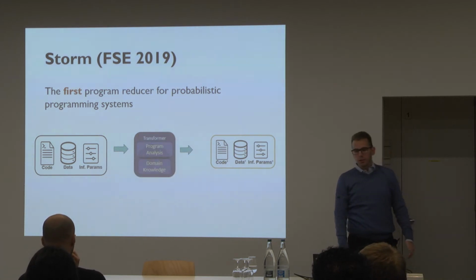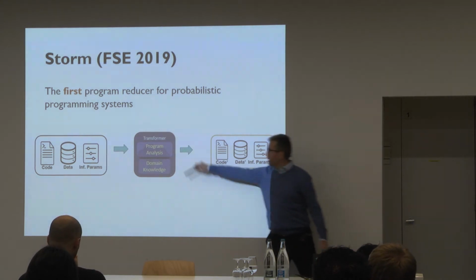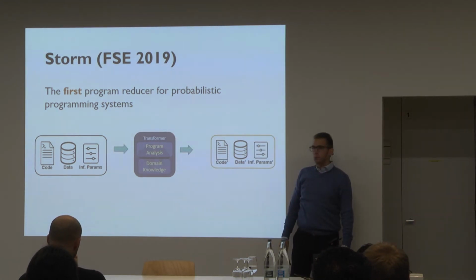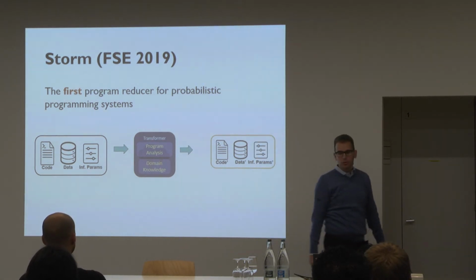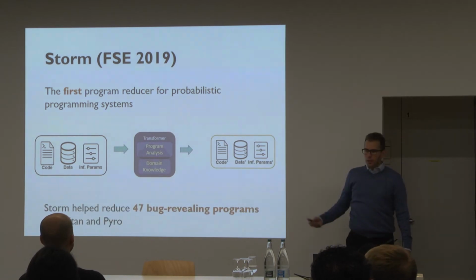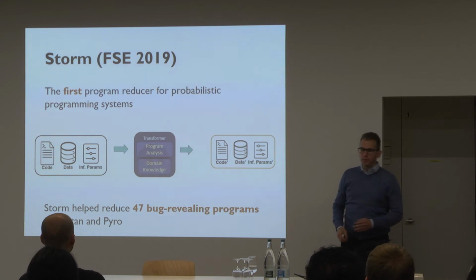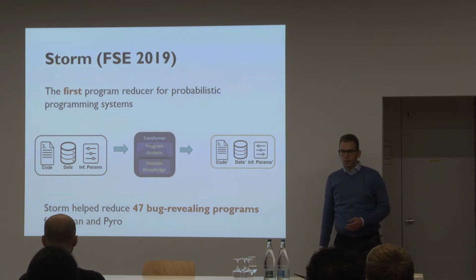So what are the key properties of Storm? Well, it applies a little bit of program analysis to guide the minimization, and uses domain knowledge in how to continue that process. All right. So in total, Storm helped reduce 47 bug-revealing programs from Stan and Pyro.